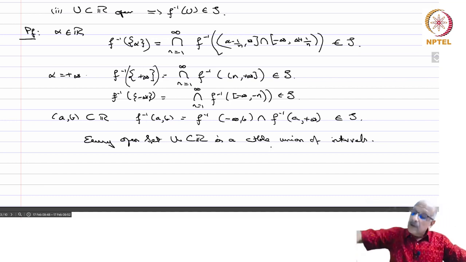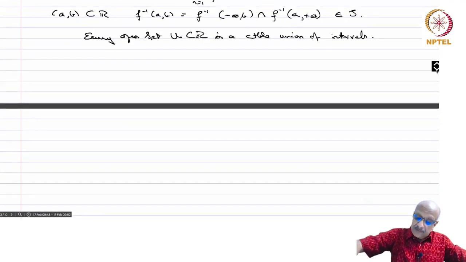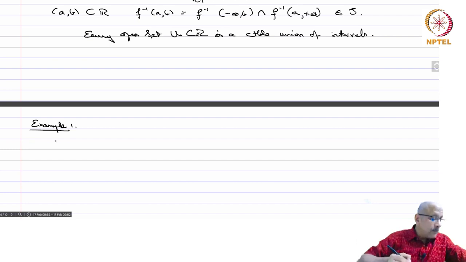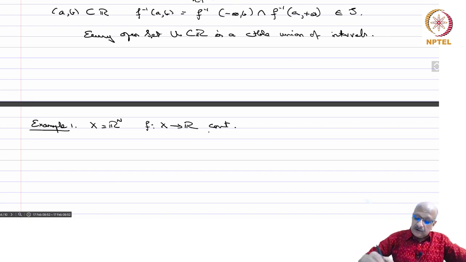Okay, so now we give some examples. Let us take X equals R^n, and f from X to R a continuous and real valued function. I am not taking an extended real valued function.